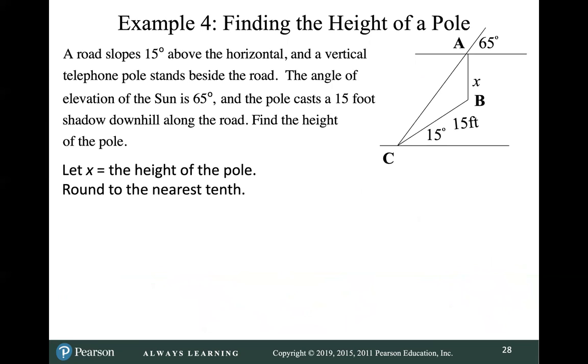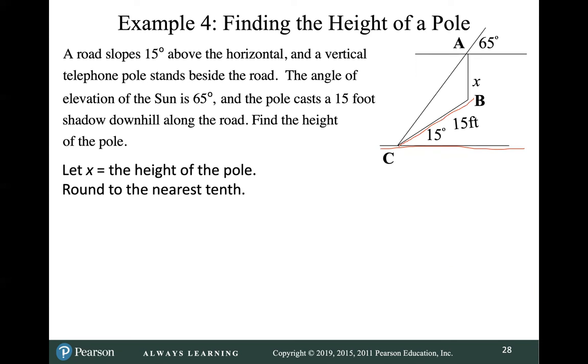So let's look at, this is the last slide, an example of how we could apply this. This is used a lot of times in construction or making roads or urban planning, things like that. So the road slopes 15 degrees above the horizontal. So we have a horizontal line here, and 15 degrees above that, this is our road.